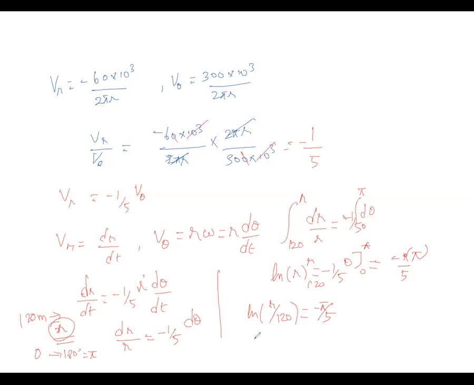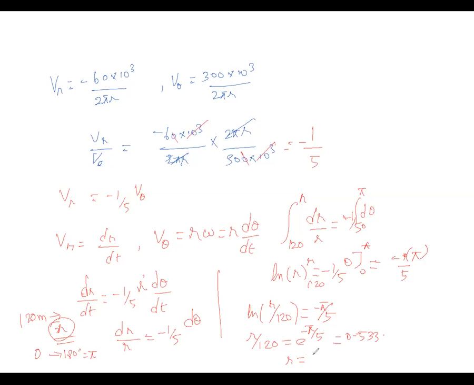If you take the antilog, r by 120 equal to e power minus pi by 5, which is equal to 0.533.